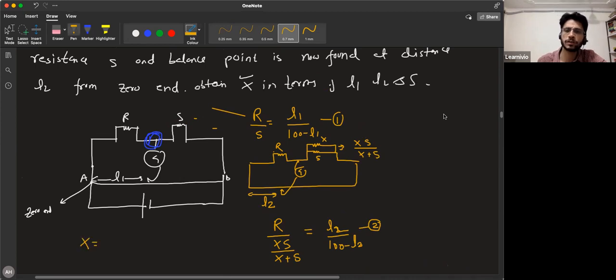Nabil Ahmed, what's your answer? The answer you're getting? Sir, L2 into x by 100 minus L2 into s plus x is equal to L1 by 100 minus L1. What are you calculating? I first took R by S is equal to L1 by 100 minus L1. That's fine. Your equations are correct. Then I'm asking you, in the final answer you're supposed to calculate x in terms of L1, L2.